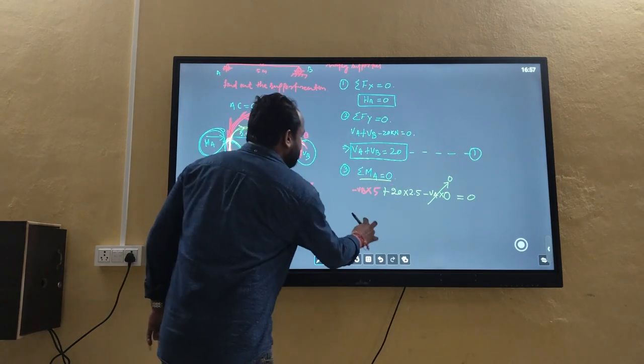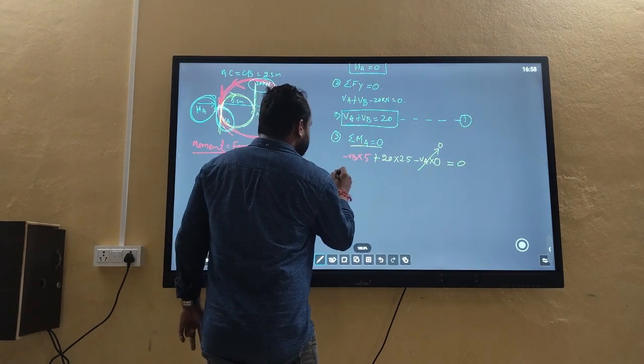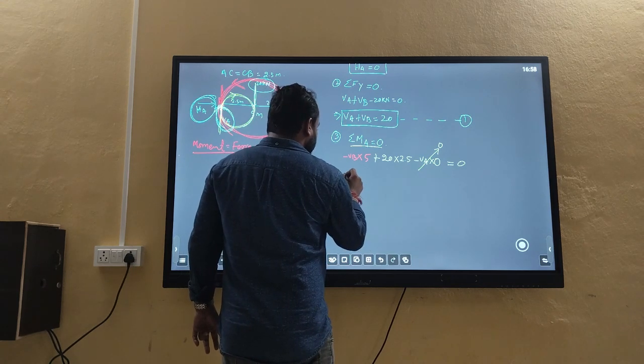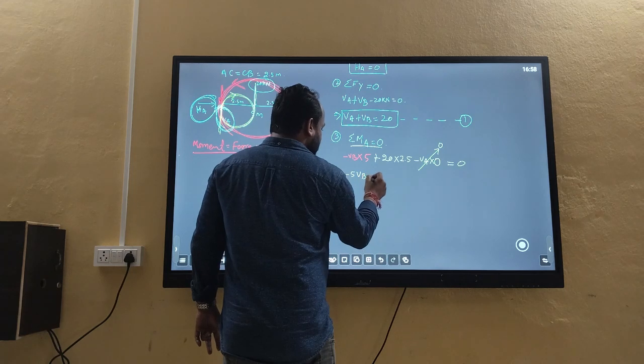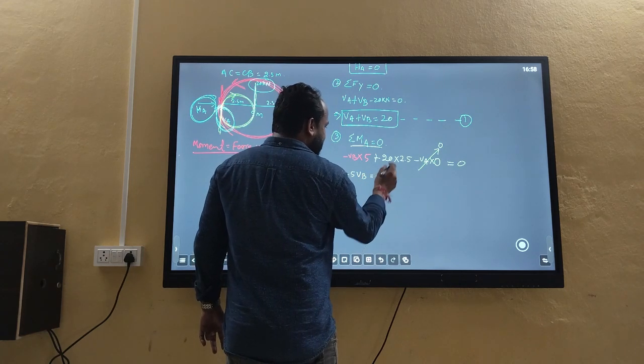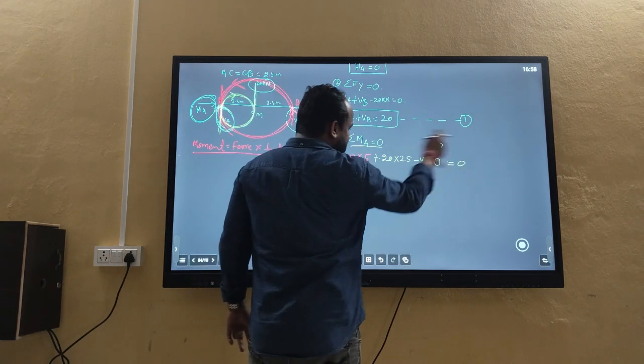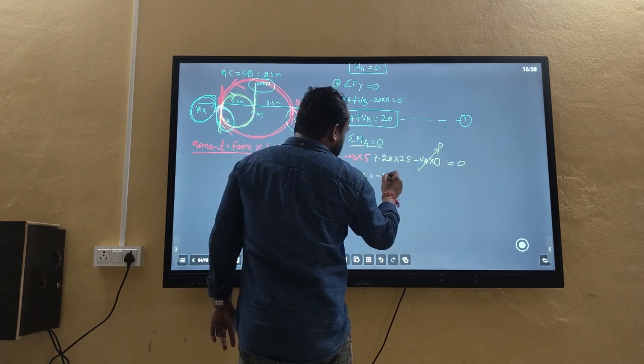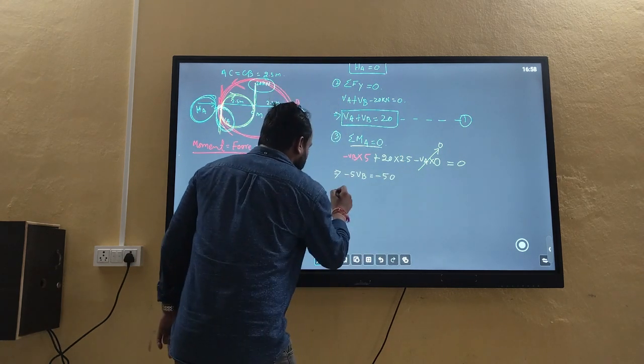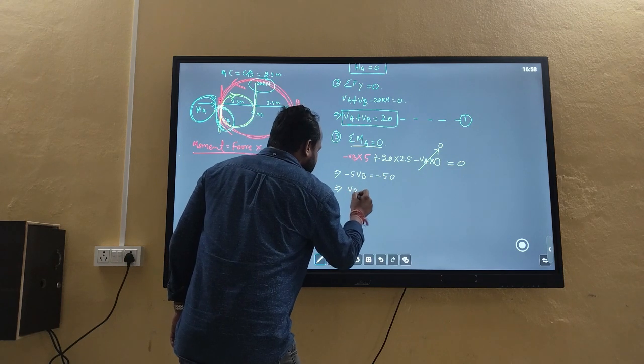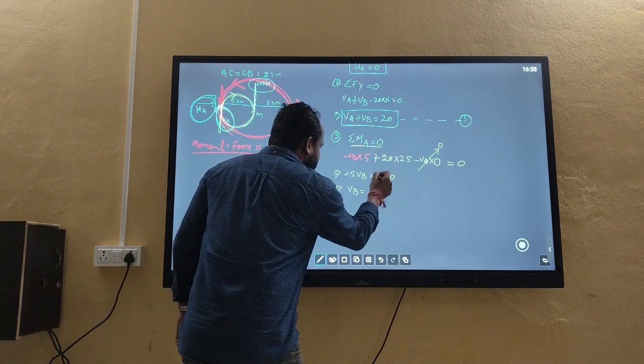So we can write the equation like, that implies minus 5 VB is equal to minus, I am taking the value to the right hand side, 50. So that implies VB is how much? Minus minus cancel.